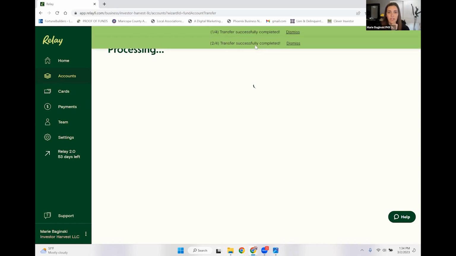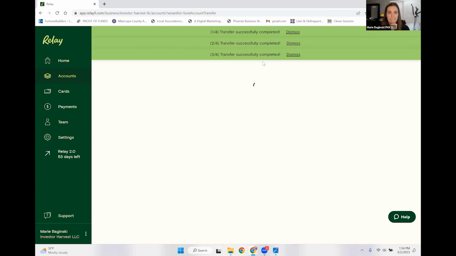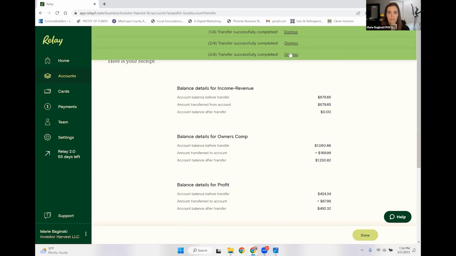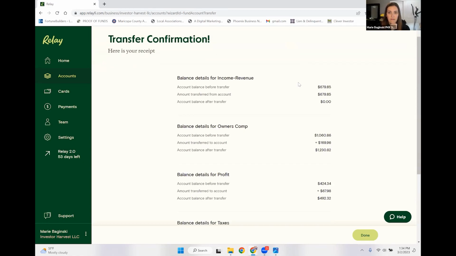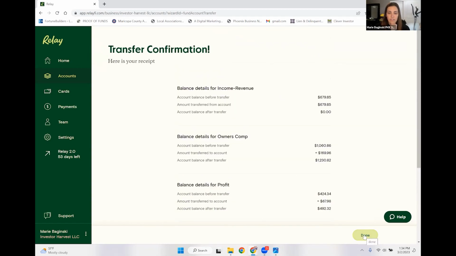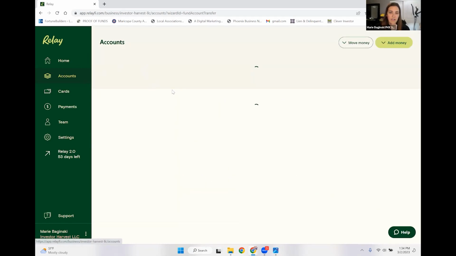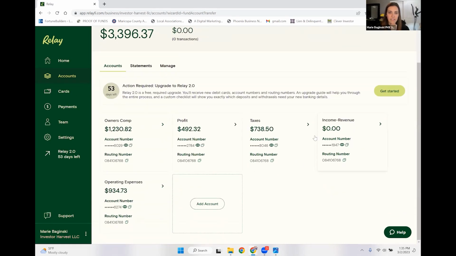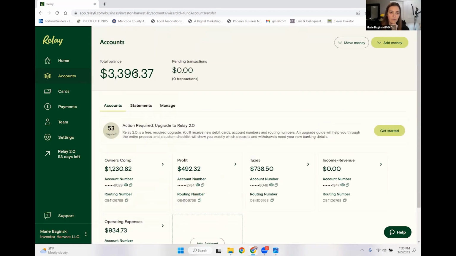You get these lovely confirmations, and it tells you everything got moved. Then again, you can come back to your accounts and verify: my income account is at 0, and all the other accounts got updated. That was still the overall.